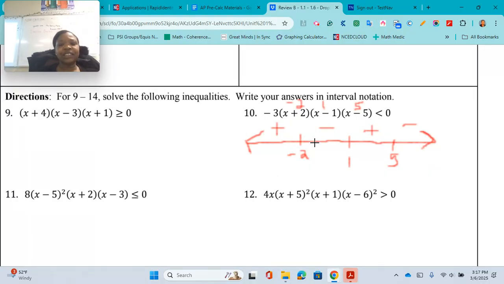And this is less than 0. We're talking about the negatives, so that is from what interval? Negative 2 to 1. Union. 5 to infinity.